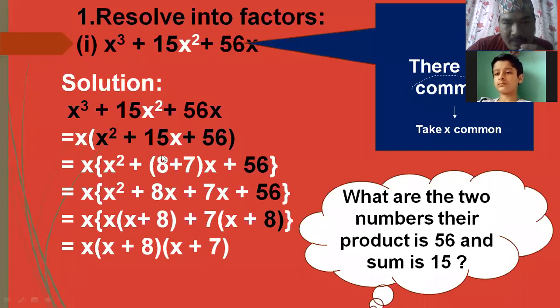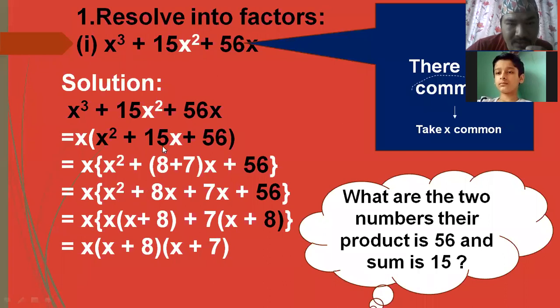It is written clearly on the right side, in the white cloud shape. What are the two numbers whose product is 56 and sum is 15? 8 and 7. Yes, 8 and 7.